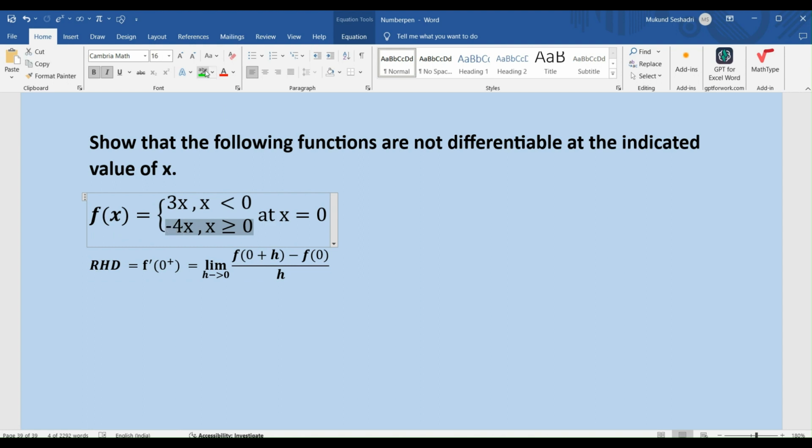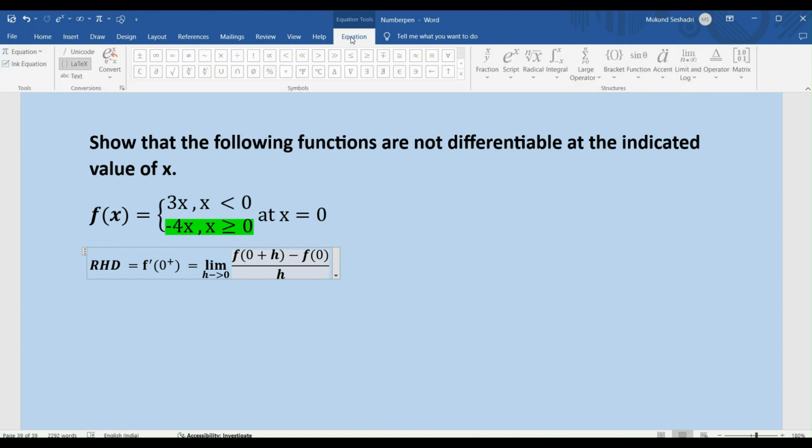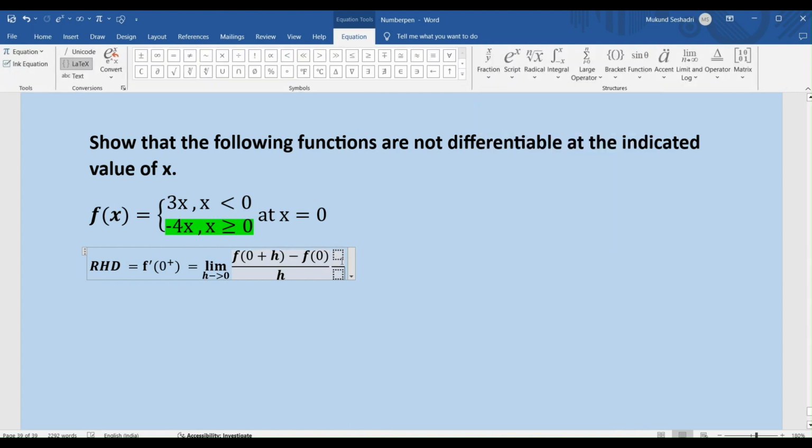So I will have to apply minus 4x. And what is my minus 4x for the expression f of 0 plus h? It is replacing x with 0 plus h, right? And when I do that, minus 4 times (0 plus h), minus f of 0.